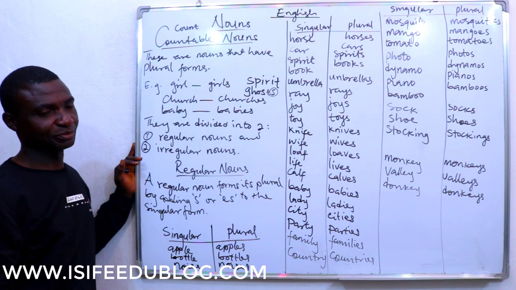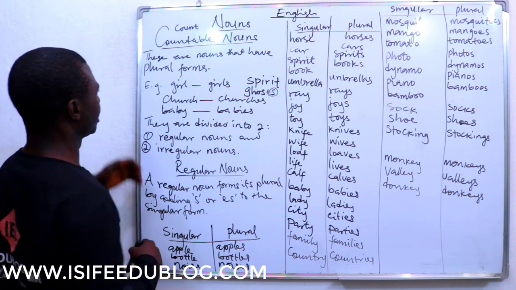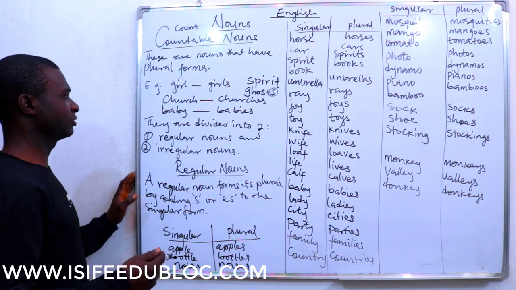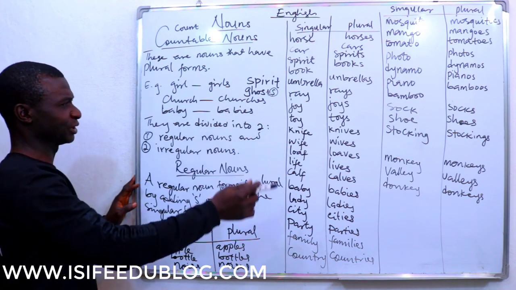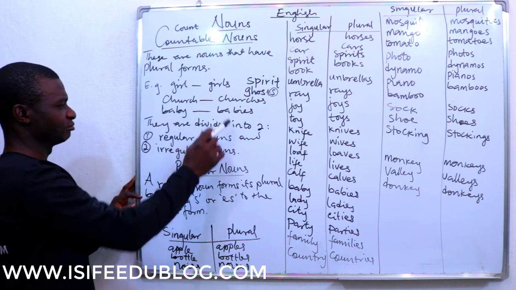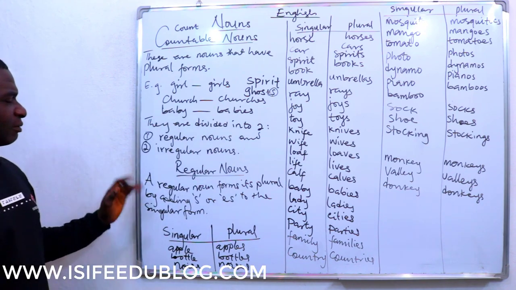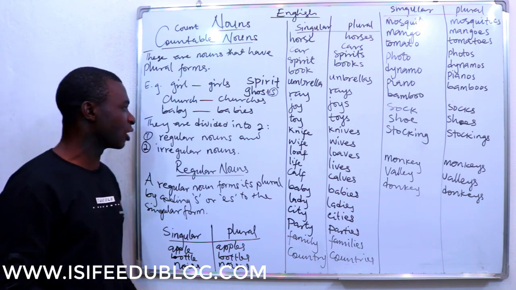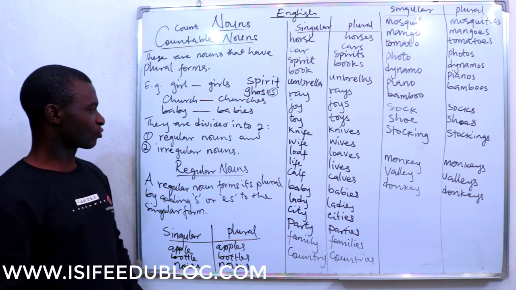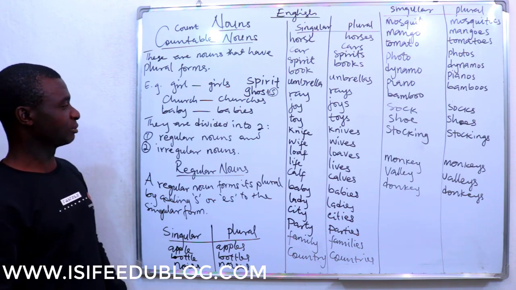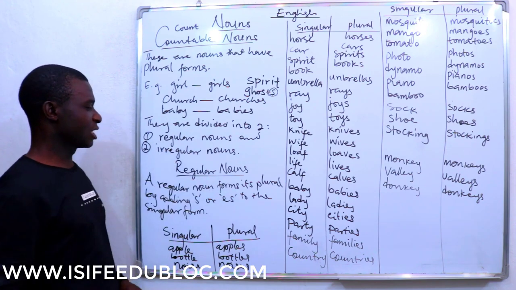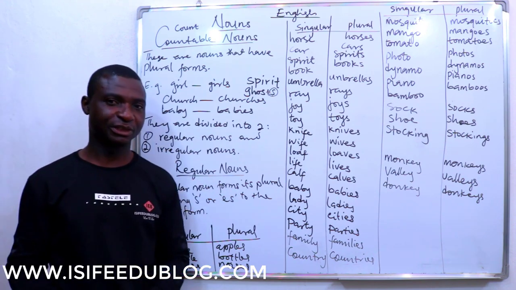That's what we mean. We have our examples as girl, girls. We've talked about spirit, spirits, ghost, ghosts, church, churches, baby, babies. For the purpose of convenience, we have divided the countable nouns into two, so that we have regular nouns and irregular nouns.